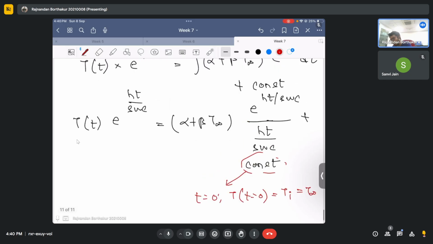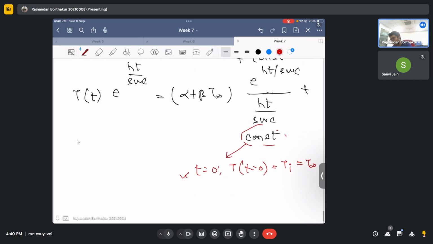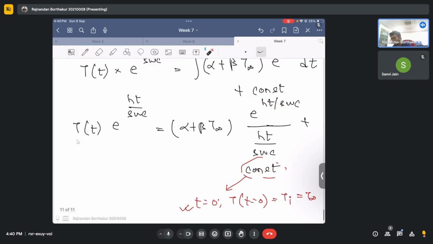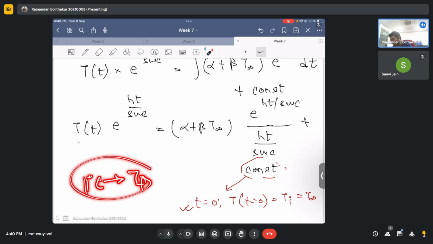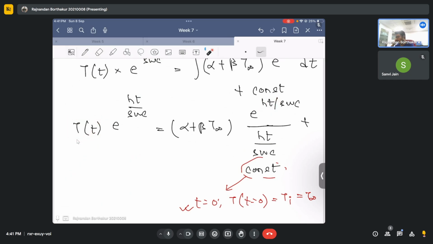From that you can evaluate this constant, and once your constant is known, you have the entire knowledge of this temperature profile. Just substitute the values here, you know all these alpha, beta, and T infinity. All you need to do, in order to get one degree closer to your TF, is substitute this in this capital T, and you can calculate the small t, the temperature that you require.